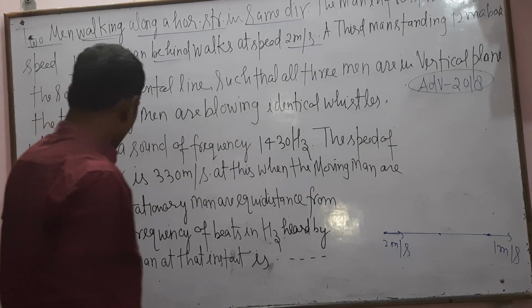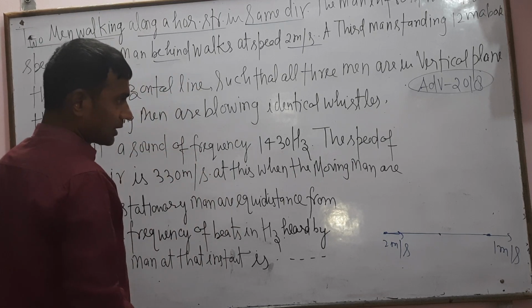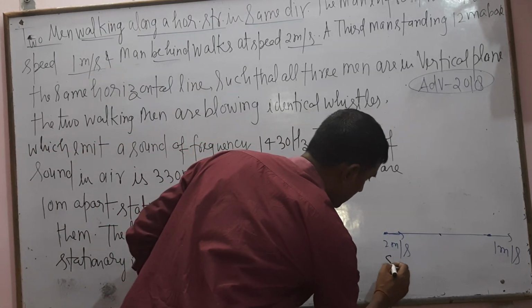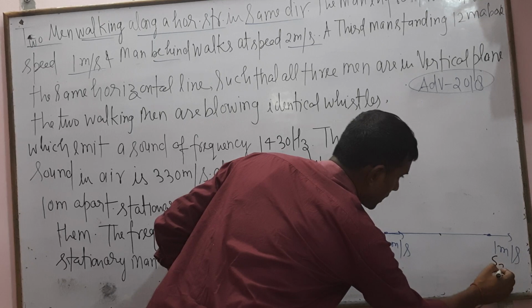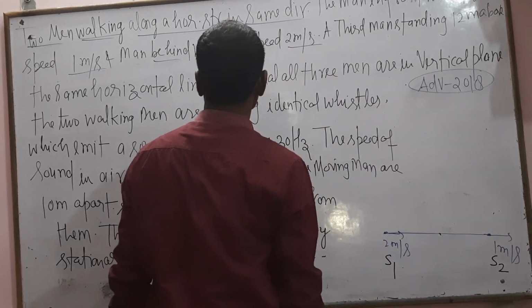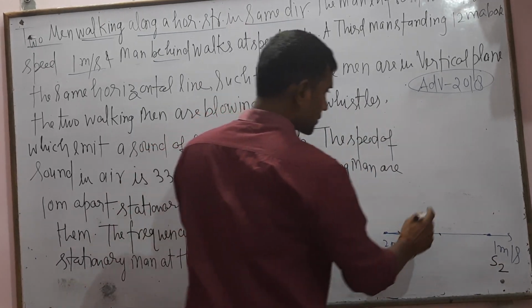Let us suppose the first man is S1 and the second is S2. The third man is stationary.